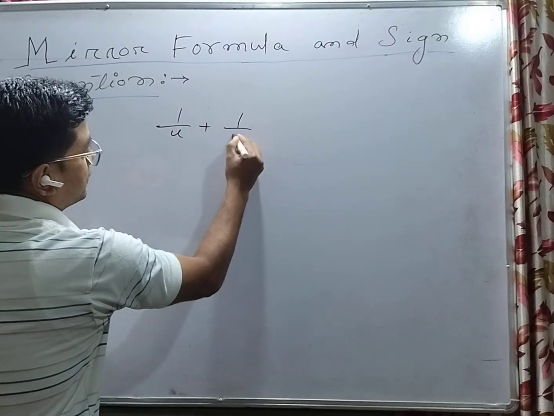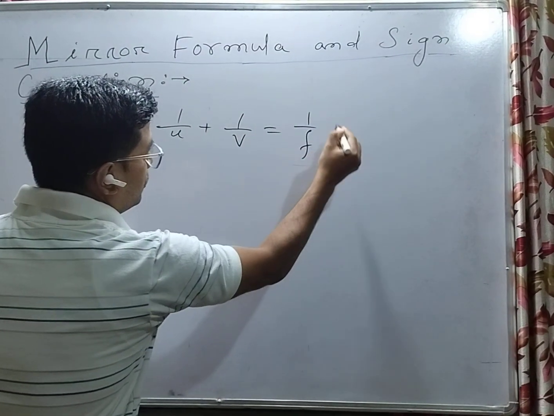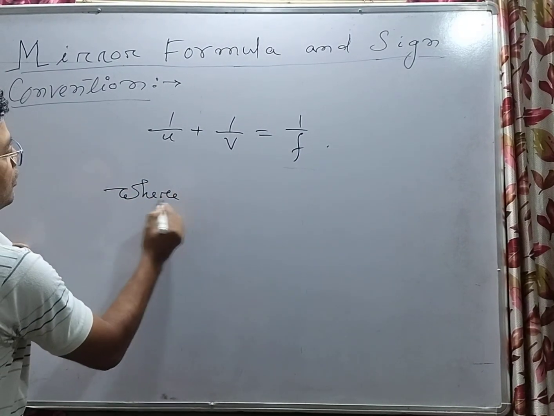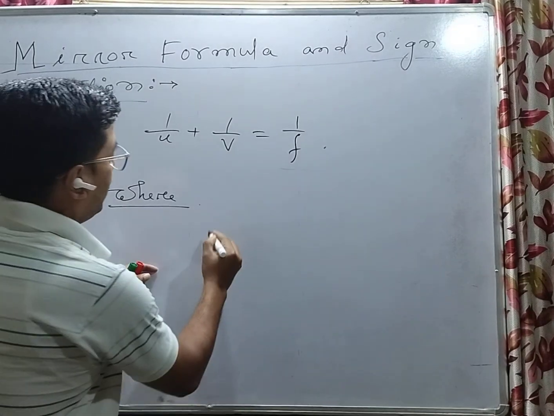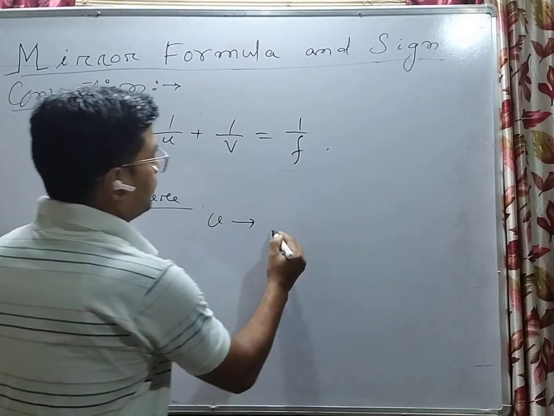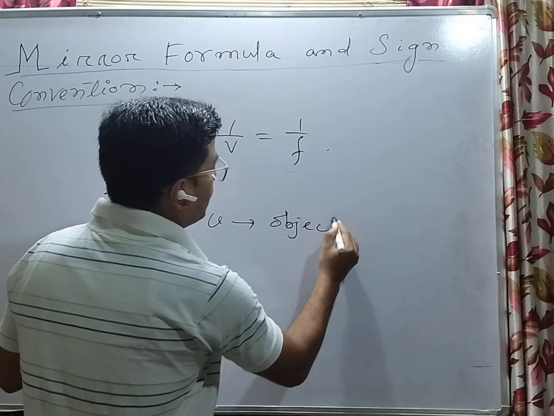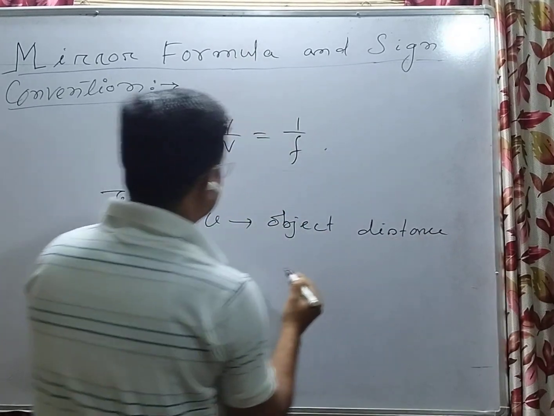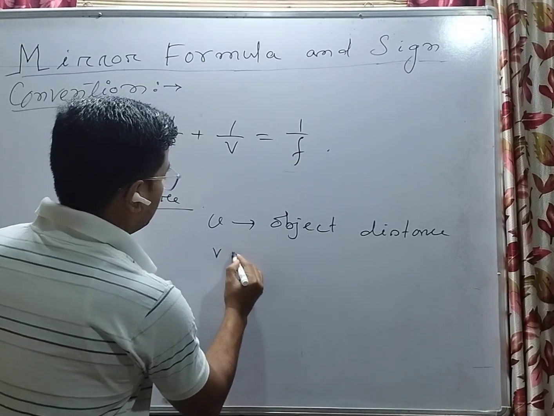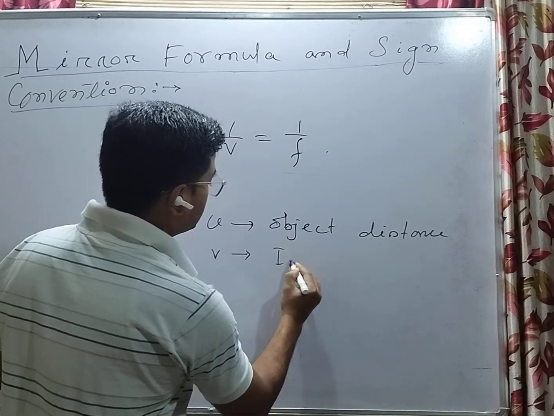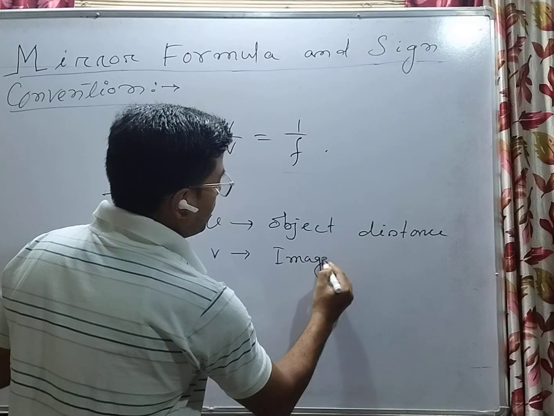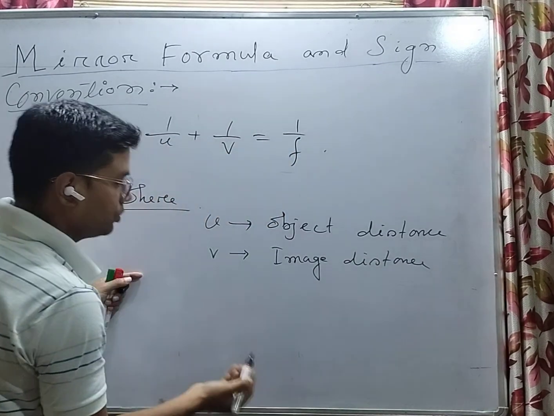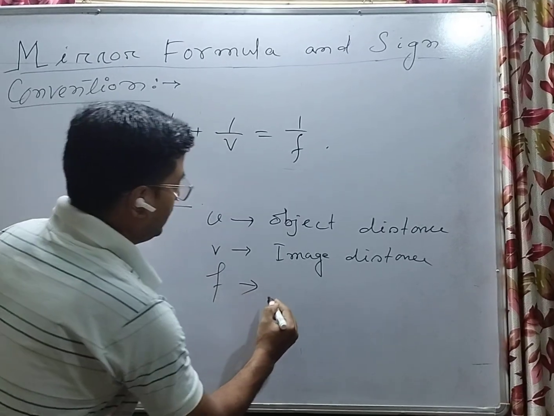1 by u plus 1 by v is equal to 1 by f, where u is object distance, v is image distance, and so also f is focal length.